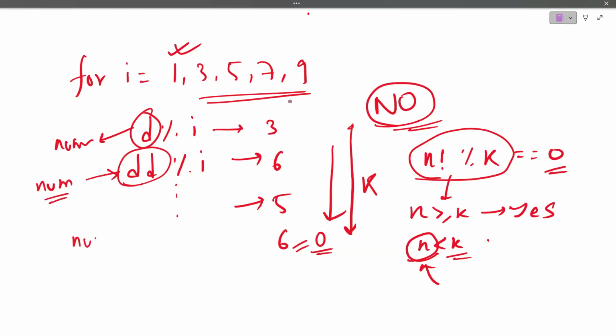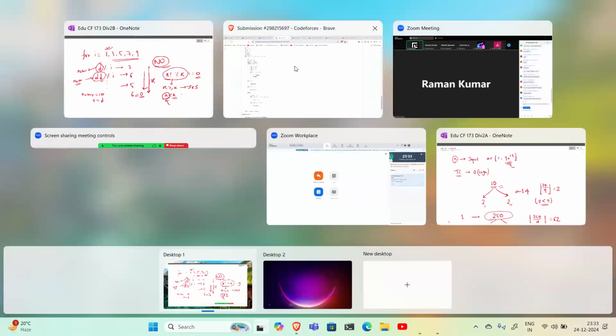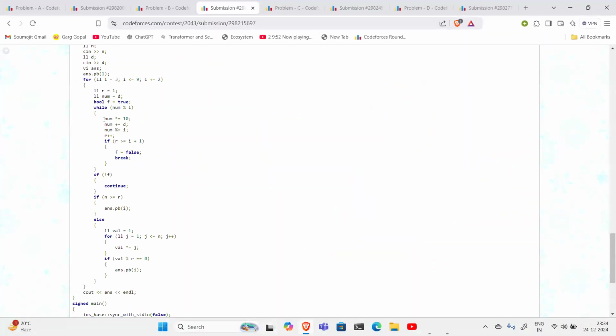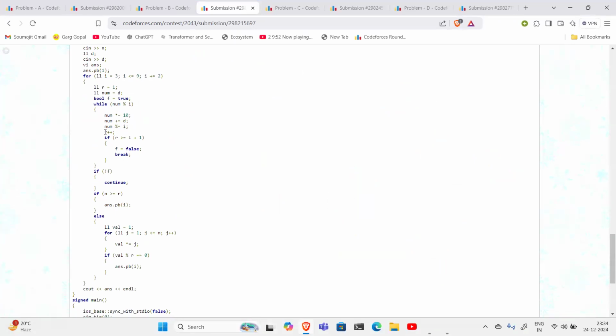At every step, I first multiply num by 10, and then I add d, so that it basically appends one more digit d. Here I have multiplied num by 10, added d, and then increased the length by 1. And if I ever see that num modulo I is 0, then this while loop breaks, because that means I have got a 0. And if I do not get this, then the loop will break, and that would mean that f is false.